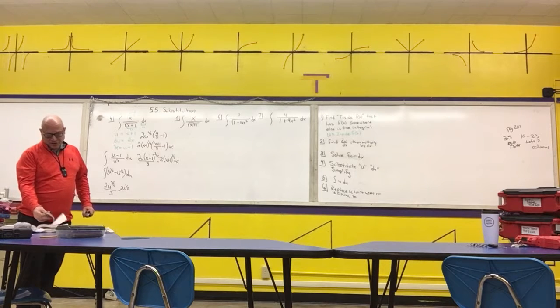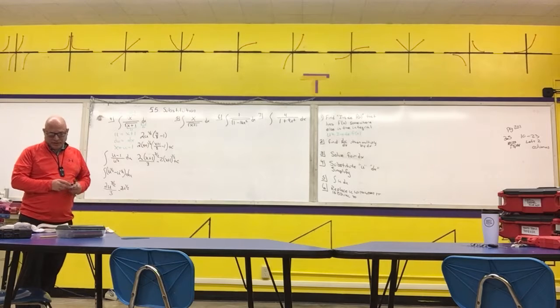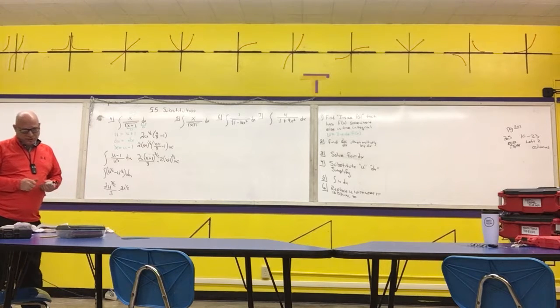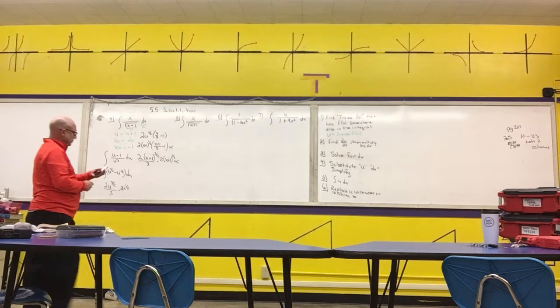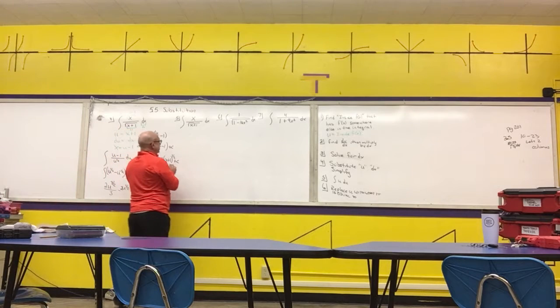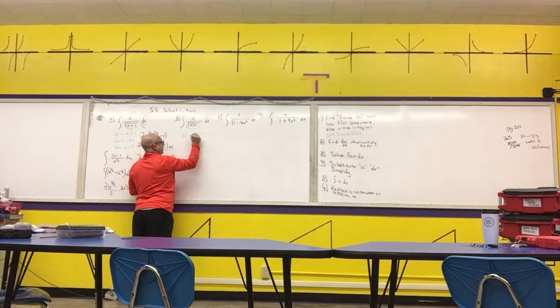The second substitution that I am going to do is I am going to let u equal the square root of x plus 1. Calling this whole thing my inside function, u is equal to the square root of x plus 1.